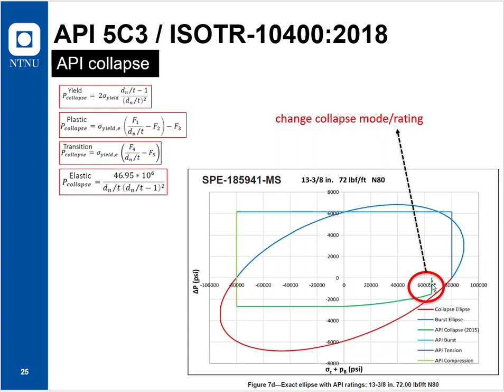It has a big jump here, the API formula. You need to be aware of that. And the same thing happens when you add in casing wear. Casing wear will do the same to your collapse rating using this API calculation.